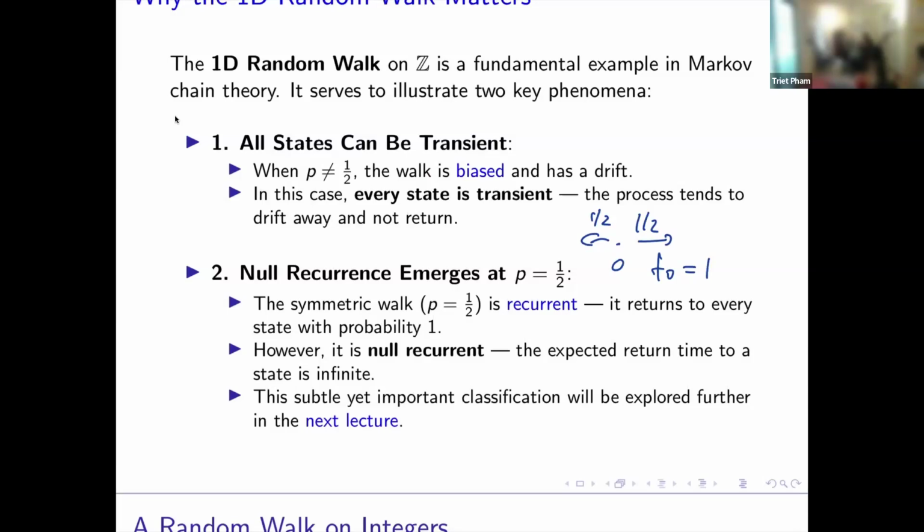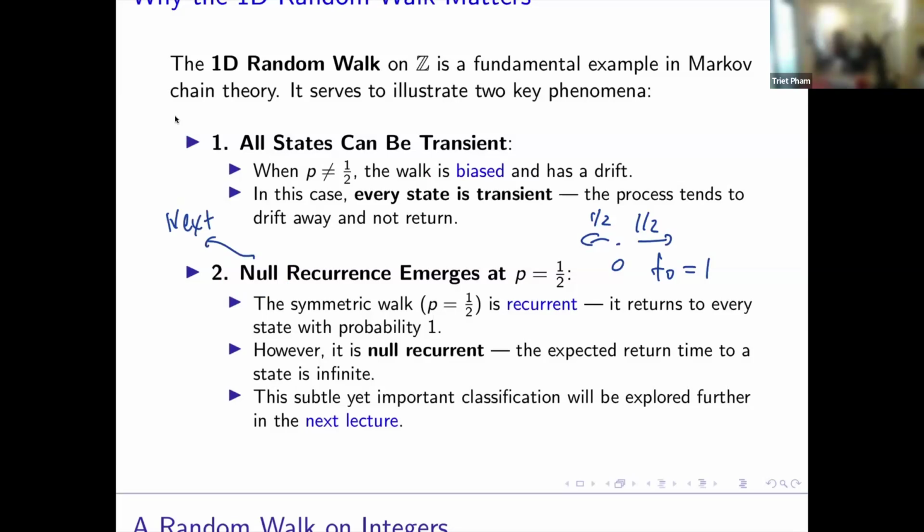But I would say that both of these are subtle, and a lot of the lecture will be devoted to showing you how you can approach this proof rigorously. But that's not the end of the story yet. The end of the story will lead to the next lecture. The word null here is that we will use it to distinguish the phenomenon of positive recurrence.